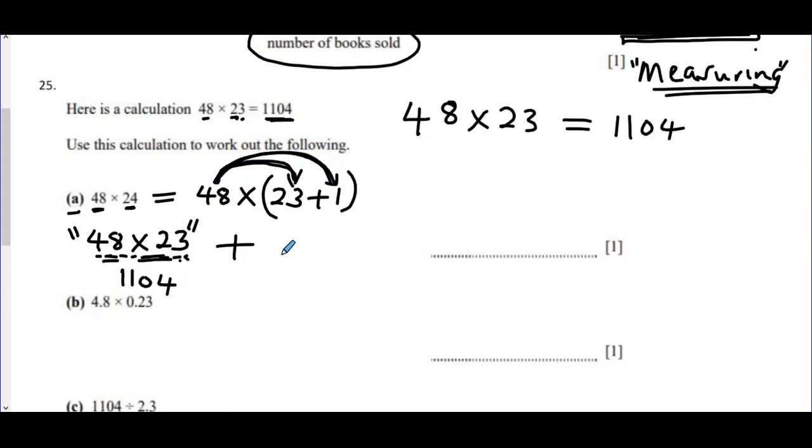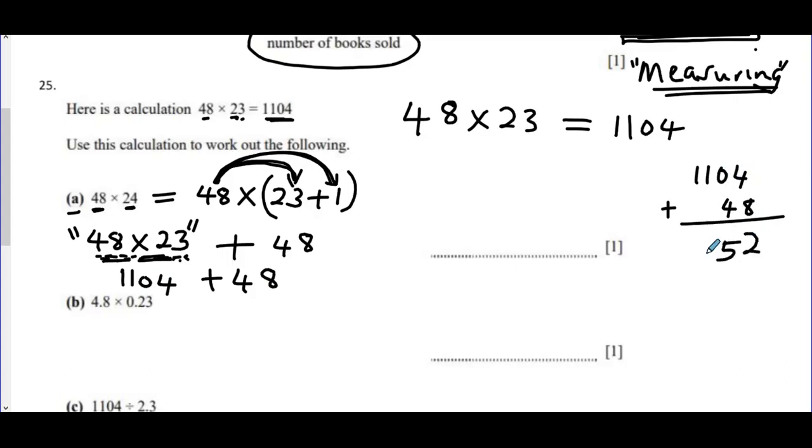We already know that 48 times 23 from the given calculation is 1104, so to this I add 48. 1104 plus 48: 4 plus 8 is 12, carry 1, this is 5, 1, 1. So the answer is 1152. This is your answer.